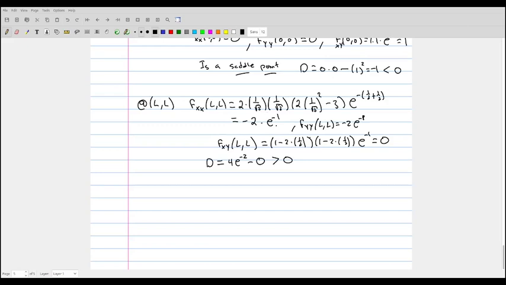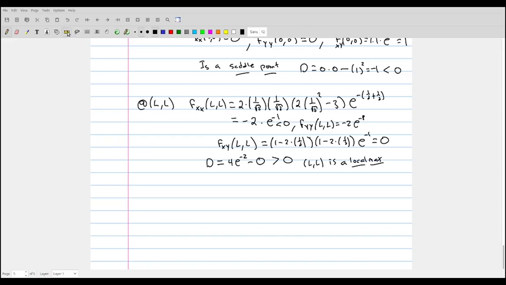So because fxx is negative and the discriminant is positive, this point, the point L comma L, is a local max, which directly matches up with the plot of this function from the previous lecture.